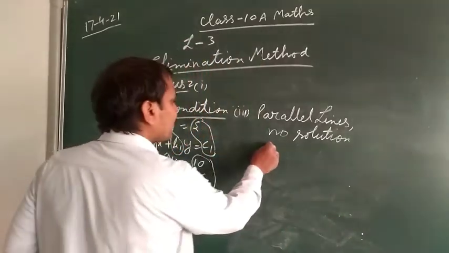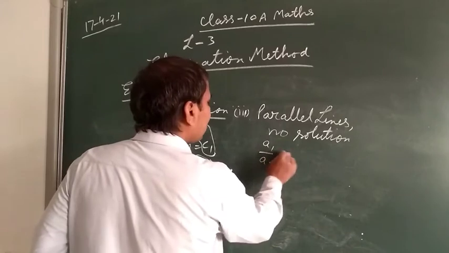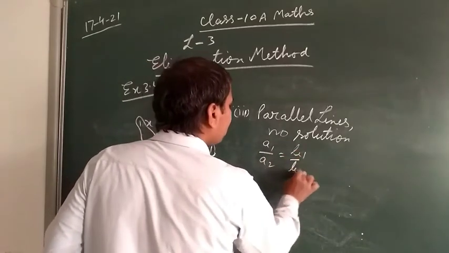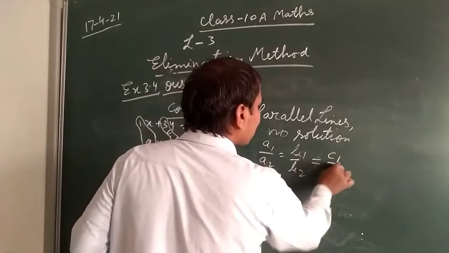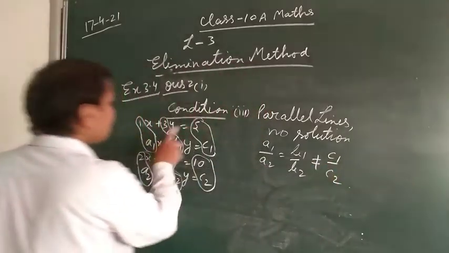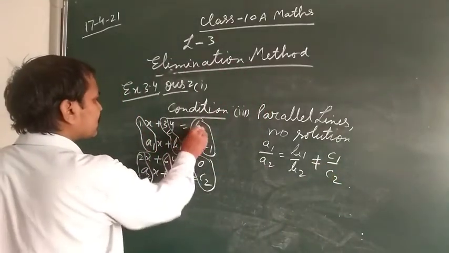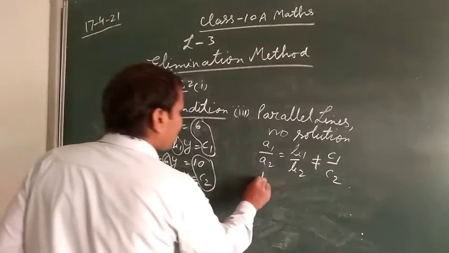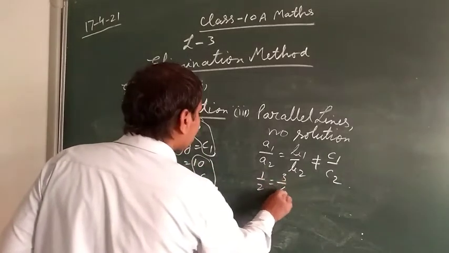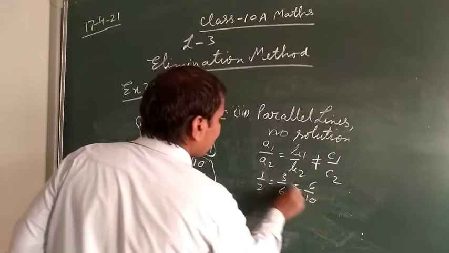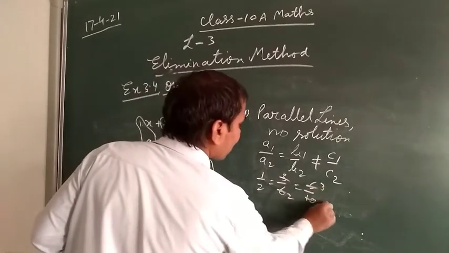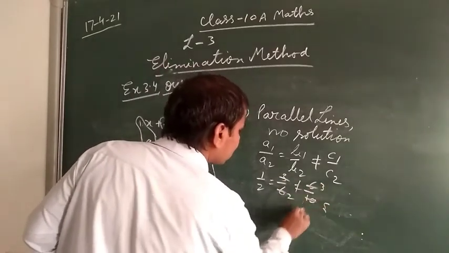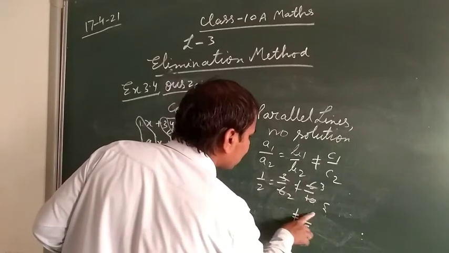Okay, and the condition is a1 upon a2 is equal to b1 upon b2 is not equal to c1 upon c2. So in these equations, suppose the last number is 6. So now 1 upon 2 is equal to 3 upon 6 is not equal to 6 upon 10. So this is also 1 by 2, but here 3 by 5 is coming.